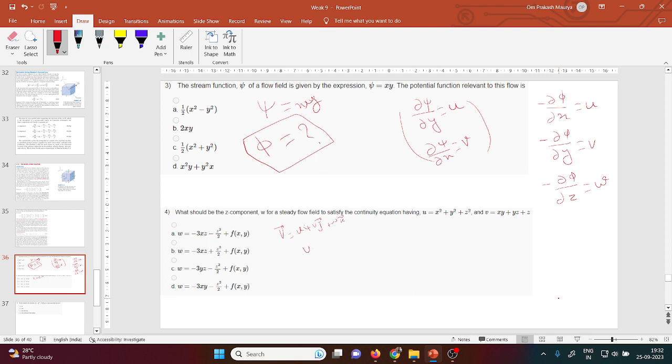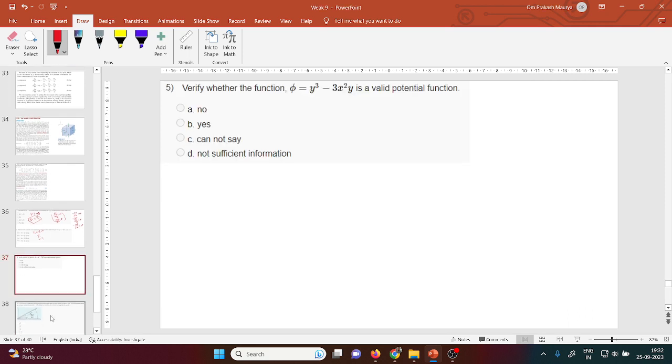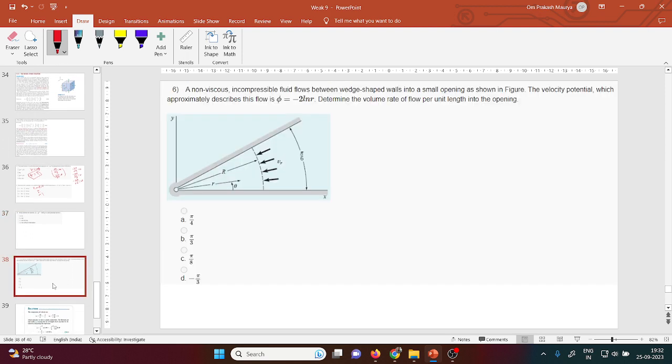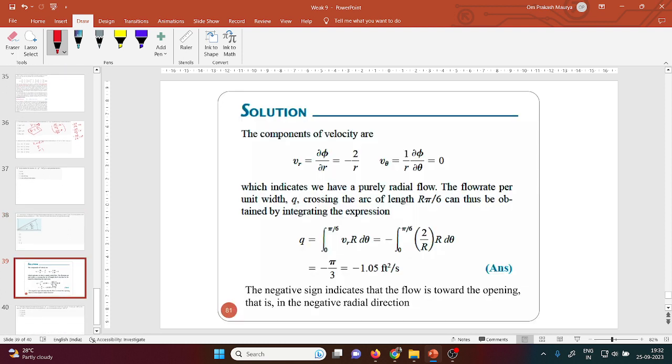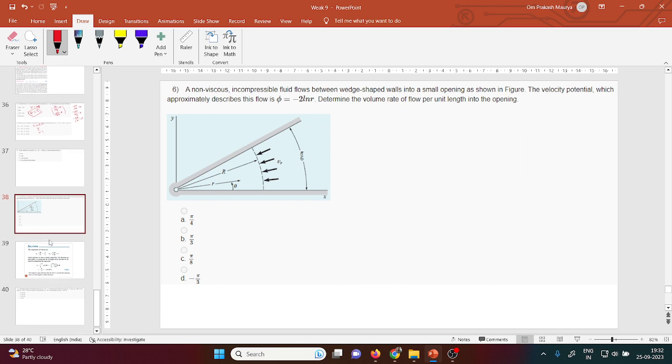So here u and v is given, and w you need to find out. What is the question number? This is also question number 6, very important. I have the solution for this question number 6.